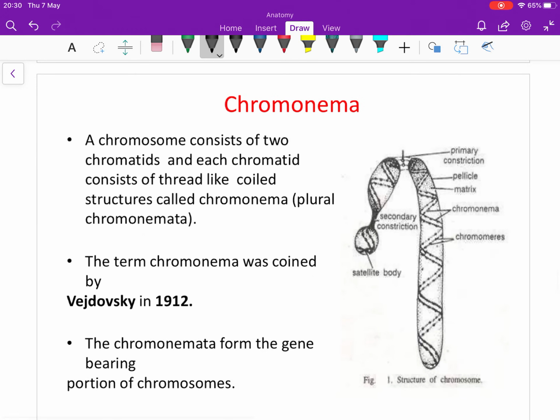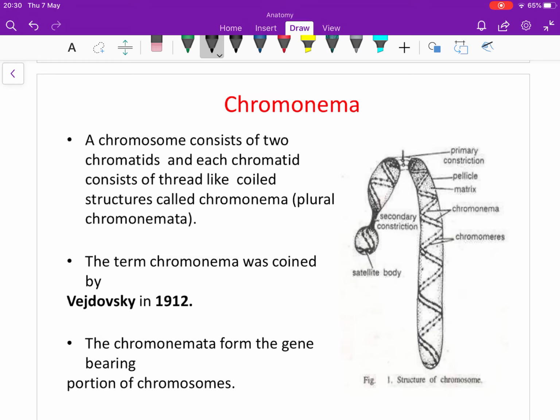Then the next part is chromonema. A chromosome consists of two chromatids, and each chromatid consists of a thread-like coiled structure, and this thread-like coiled structure is known as chromonema. See the plural word, chromonemata. This term chromonema was given by Wachowski in 1912.